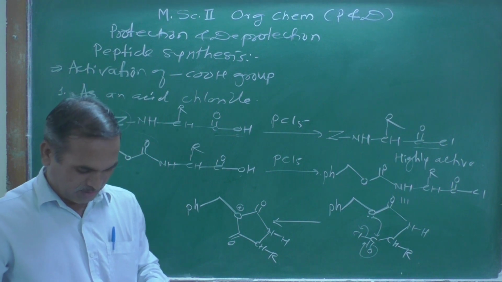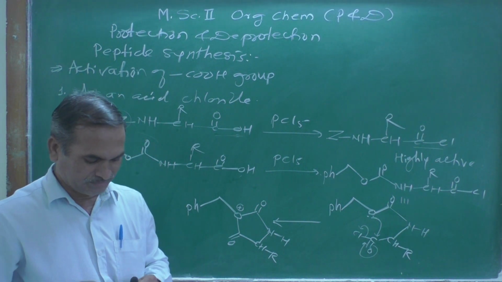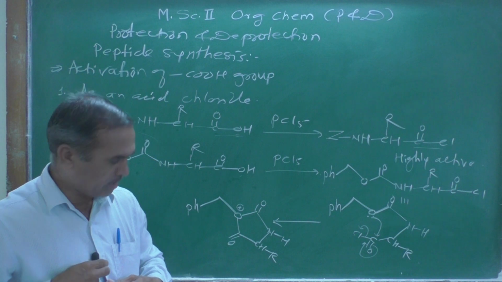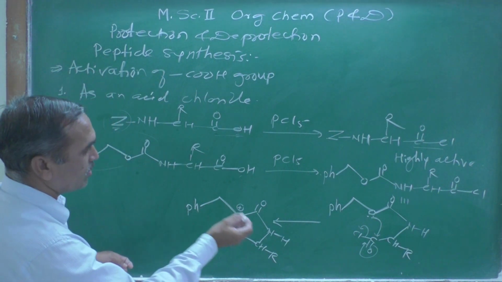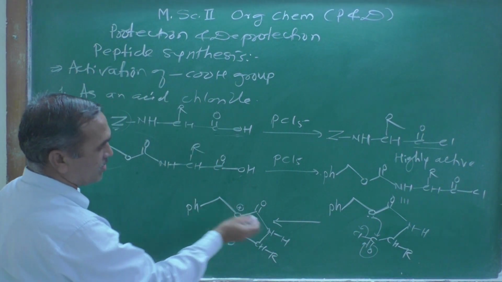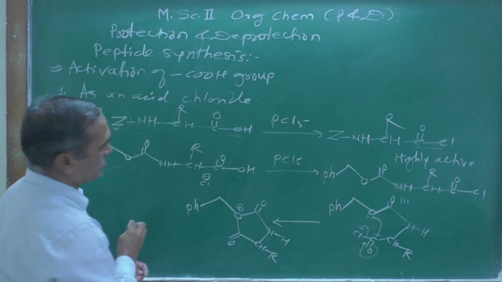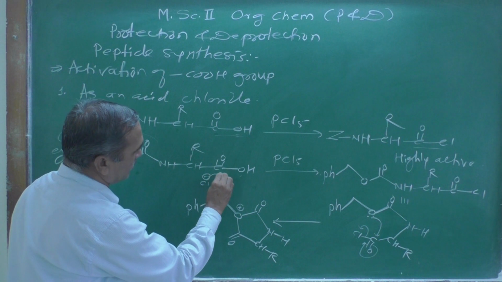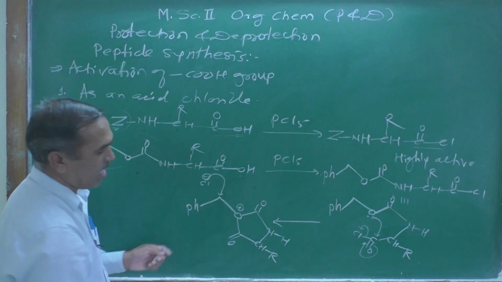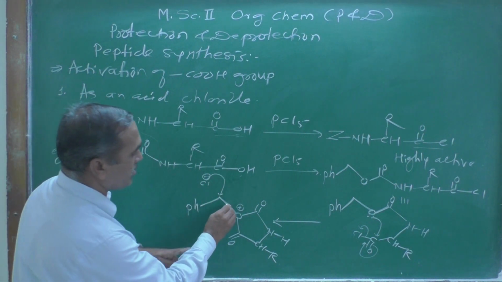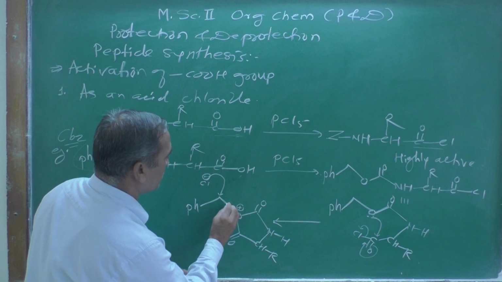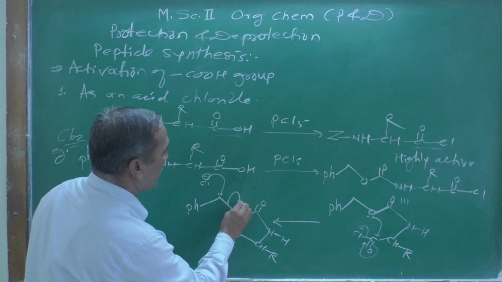Therefore, what is going to happen next? The chlorine atom which departed from here, this Cl minus, is going to attack the benzylic carbon atom, and this positive charge gets neutralized.